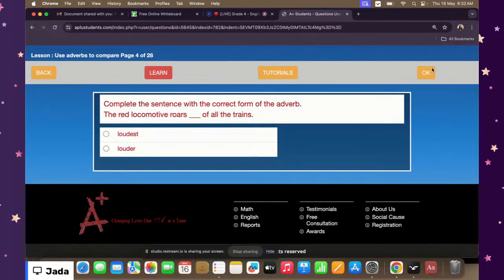The red locomotive rolls dash of all the trains. So, loudest or louder? What's it? Louder. Okay. Louder. Okay.